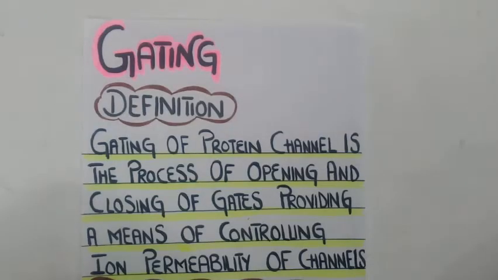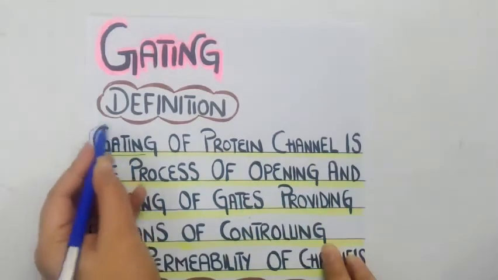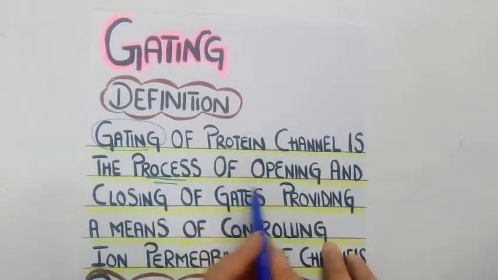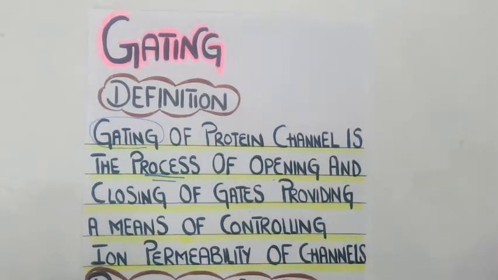So now we know that gates are the gate-like extensions of the transport proteins, whereas gating of the protein channel is the process of opening and closing of the gates, providing a means of controlling the ion permeability of channels.